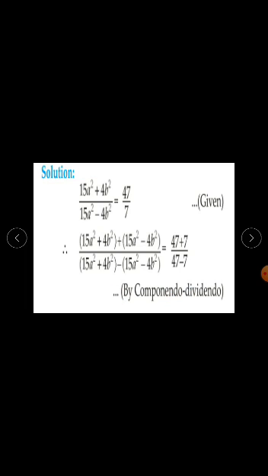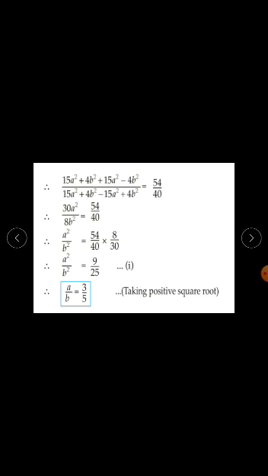So by componendo dividendo property, (15a² + 4b² + 15a² − 4b²)/(15a² + 4b² − 15a² + 4b²) = (47 + 7)/(47 − 7). Now open brackets.